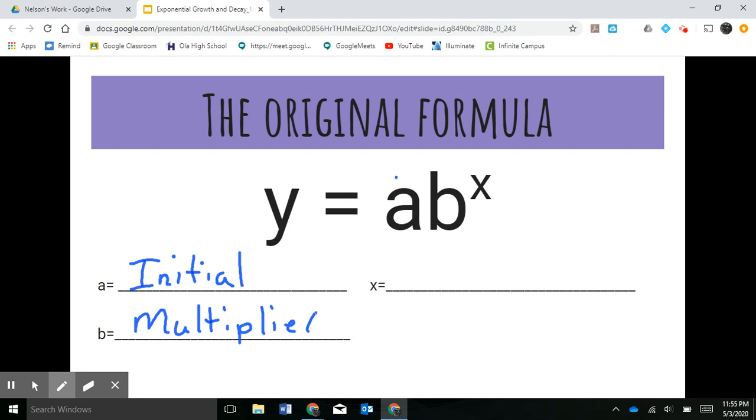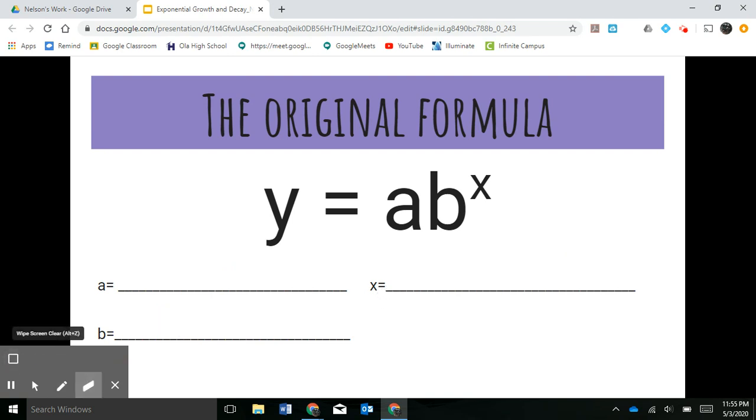And when we get into the next little bit, you'll see percentage rates, but that's your multiplier. And then X is usually the time periods. How many time periods happened in the problem? So you've got your initial amount, your principal, your multiplier, and your time periods. So let's go on and look at a couple examples.